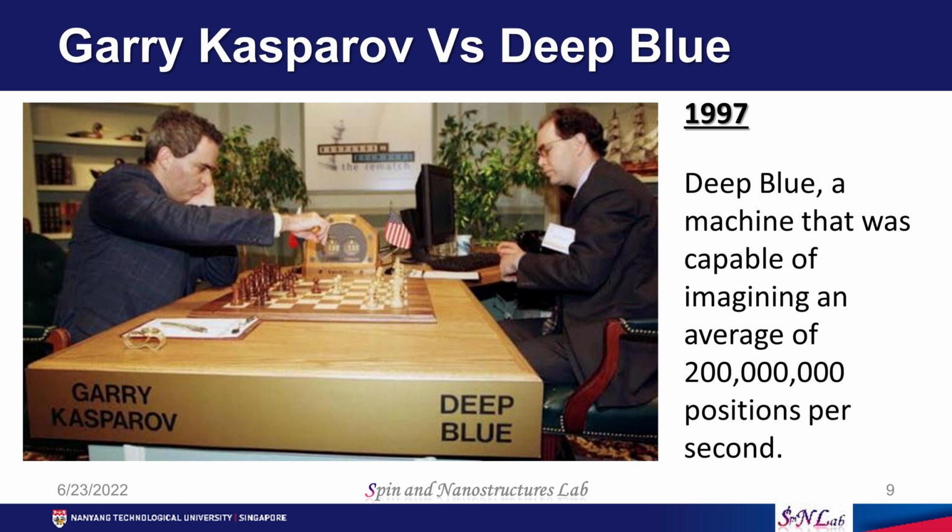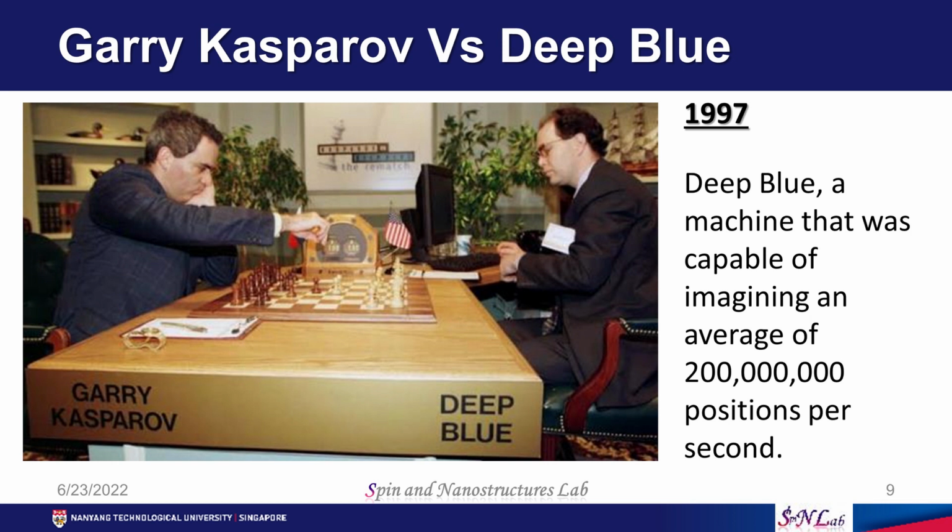So this computer Deep Blue played chess with him and beat the human. So that was the first event when a machine beat a human with intelligence. So that was one major breakthrough event in the field of artificial intelligence.